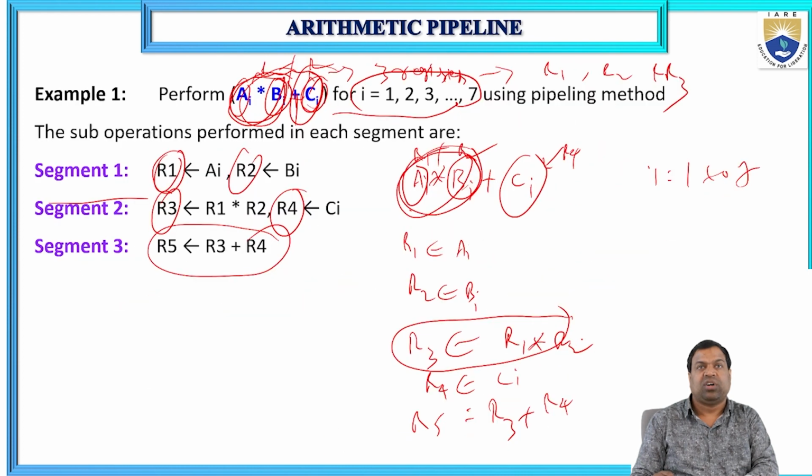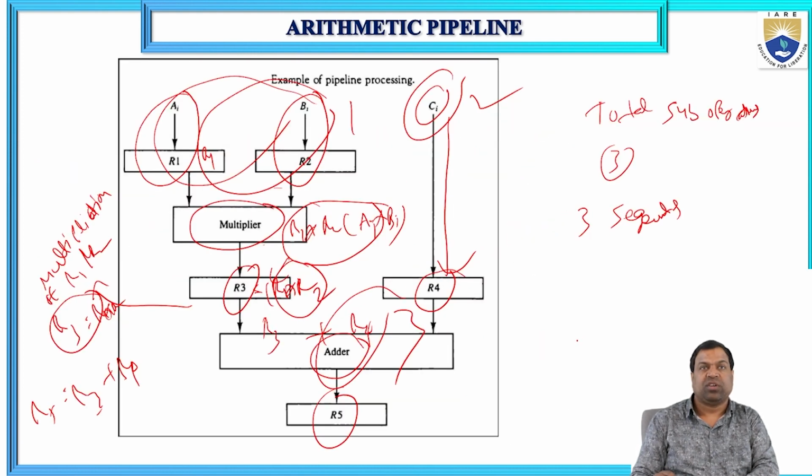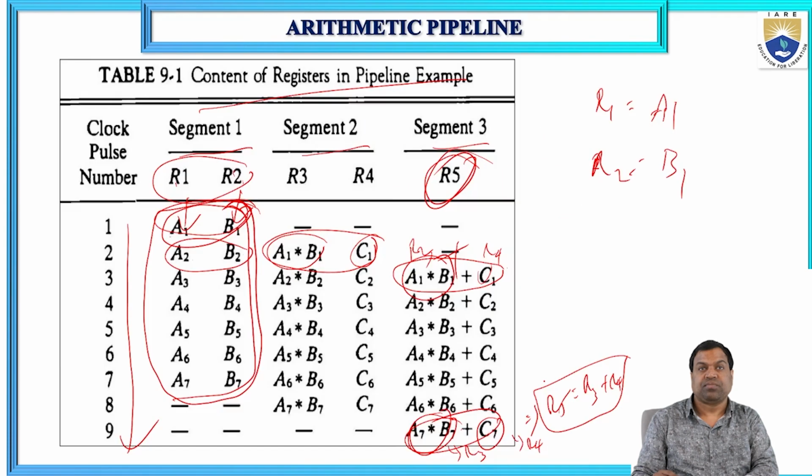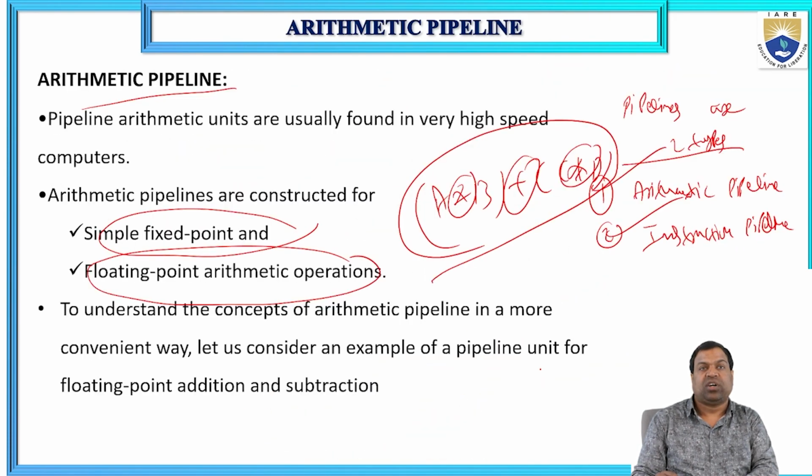So it is about the arithmetic pipeline with one example, A into B plus C. I'm taking R1, R2, and the result of addition I'm taking R3 and R4. Total I need R5 equal to R3 plus R4. So it is an arithmetic pipeline.